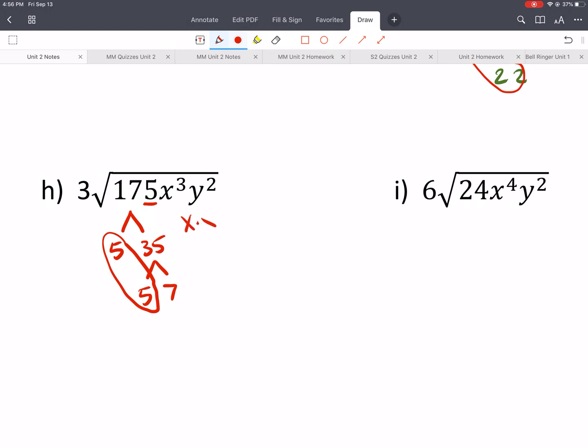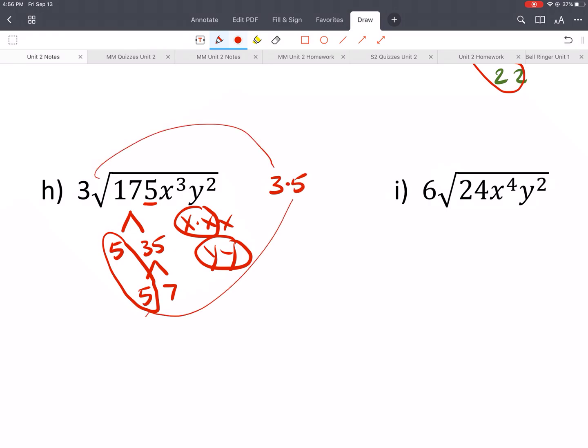Here we have x times x times x, and y times y. So here would be a group of y's, a group of x's. So we already have a 3. We're going to multiply that by a 5. And then we have an x and a y. What we don't have in a group would be our 7x. So that'd be 15xy square roots of 7x.